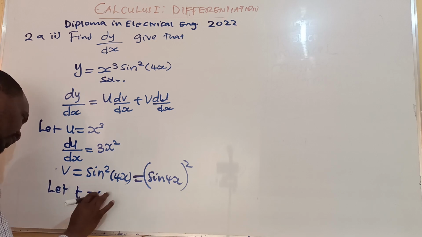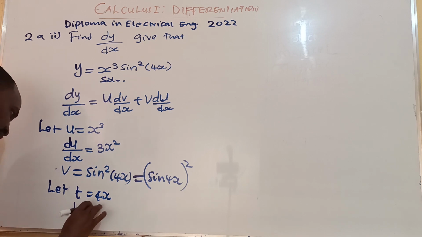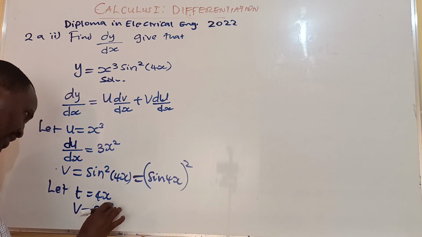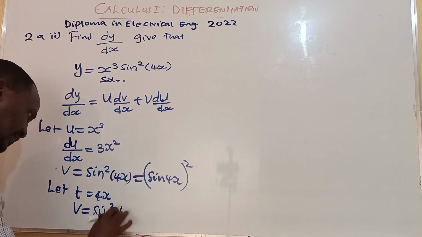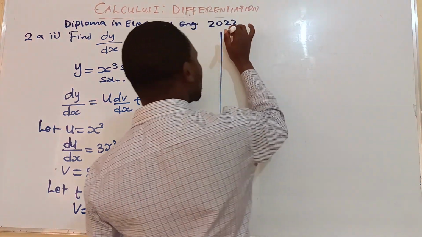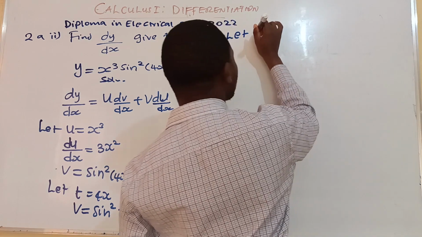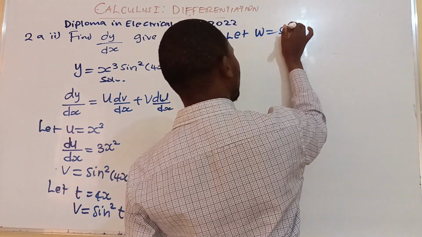Let t be equal to 4x, which means v will be equal to sine squared t. And again, let w be equal to sine t.